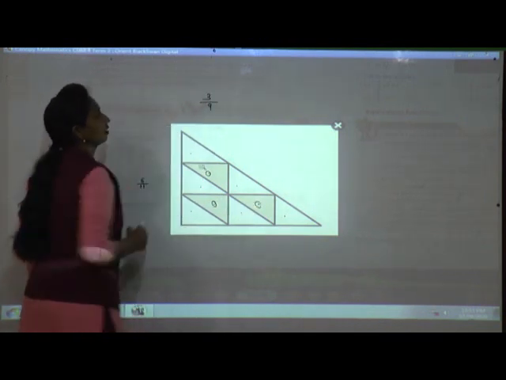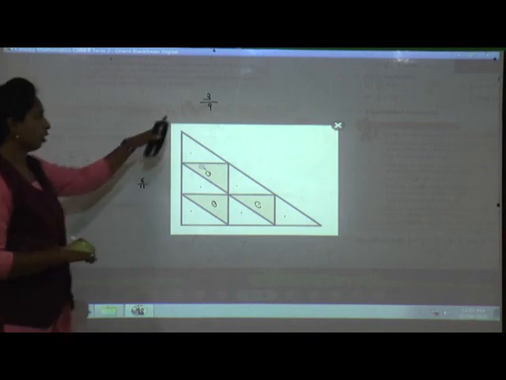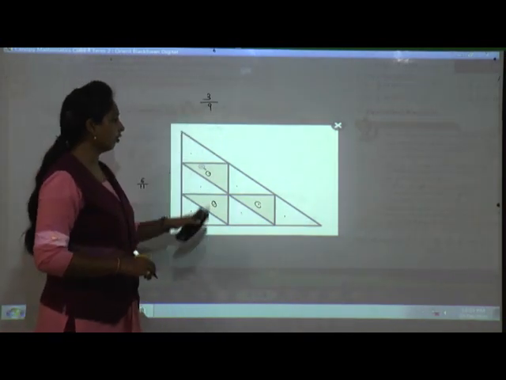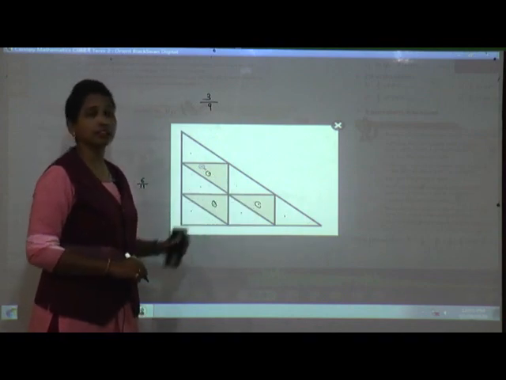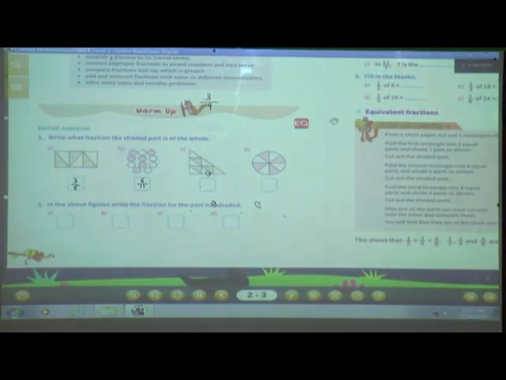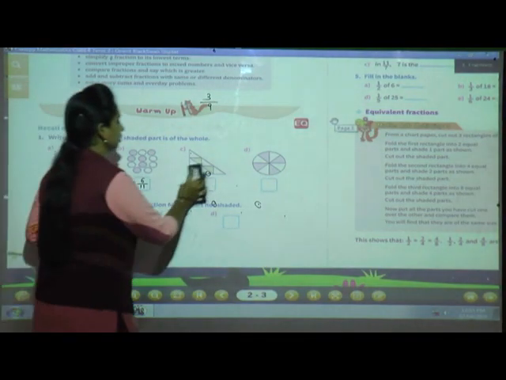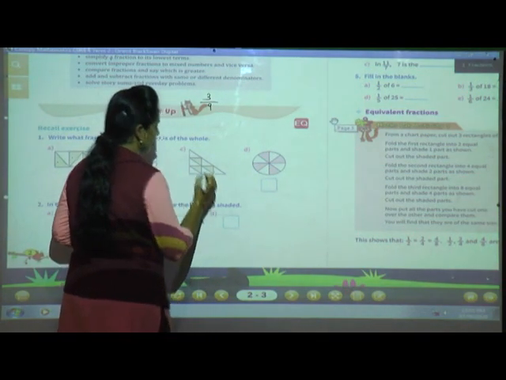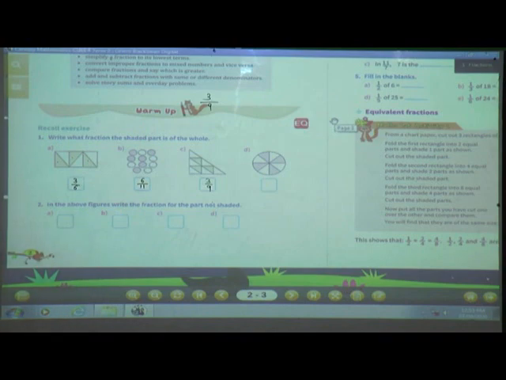So write on the top. At the bottom you have to write the number of parts and on top the number of parts colored. Okay. 3 by 9. So I'll write here in the box. Now we'll move to the next.